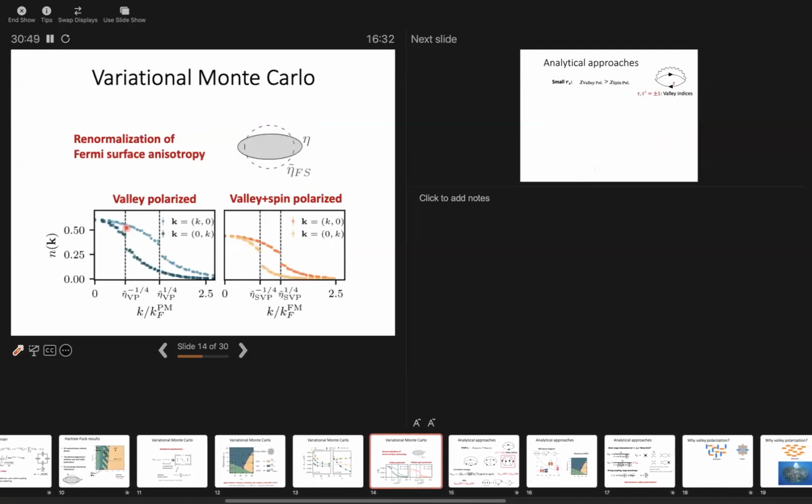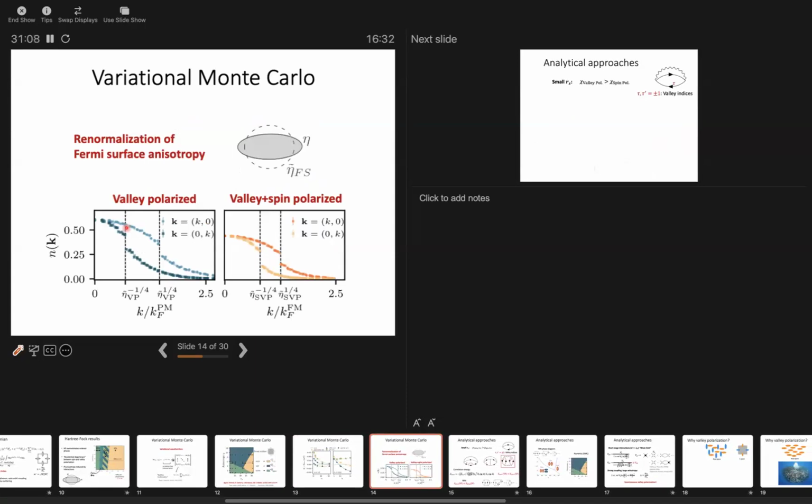Another quantity that's interesting to look at in these calculations is the anisotropy of the Fermi surface. We discussed how within Hartree-Fock we get a very drastic renormalization of the anisotropy as a result of the interactions.